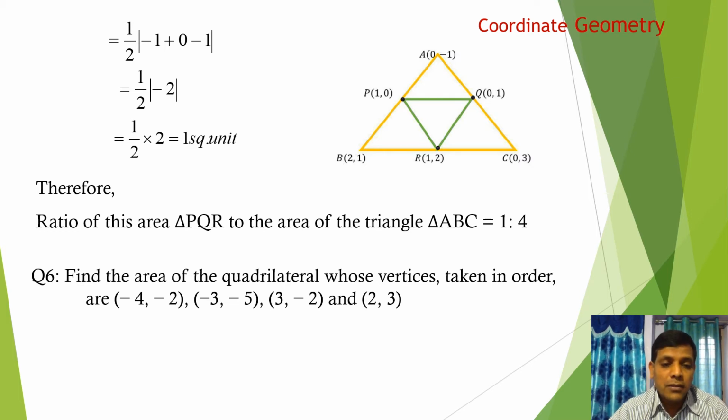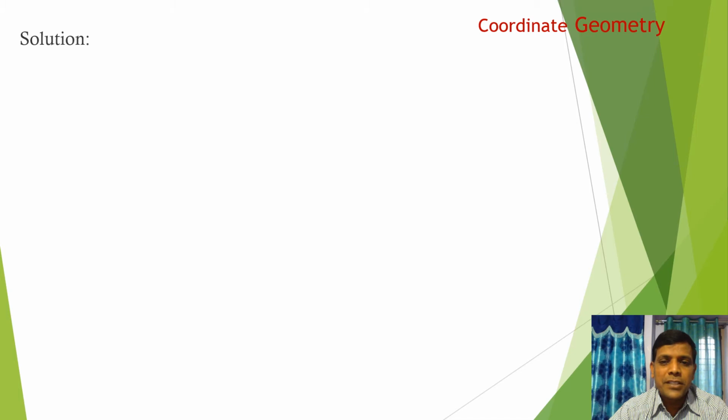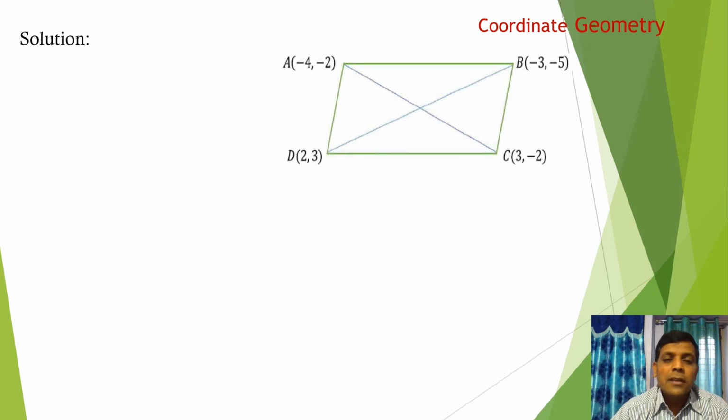Coming to the diagram, draw the picture. ABCD is a quadrilateral. A (-4, -2), B (-3, -5), C (3, -2) and D (2, 3).